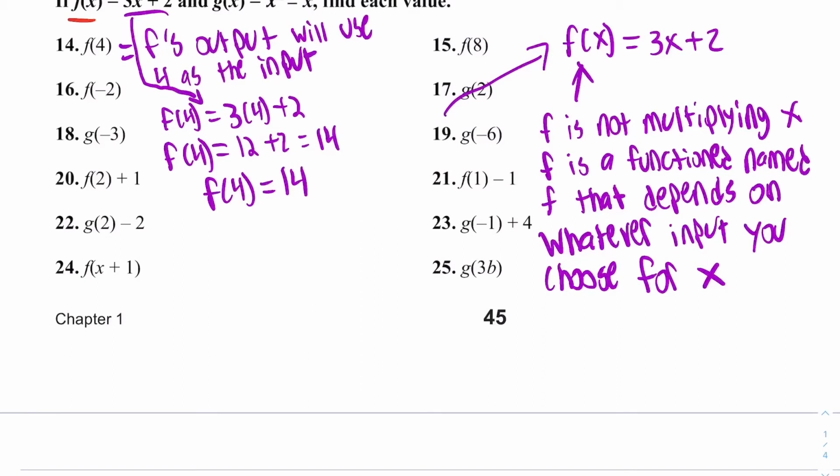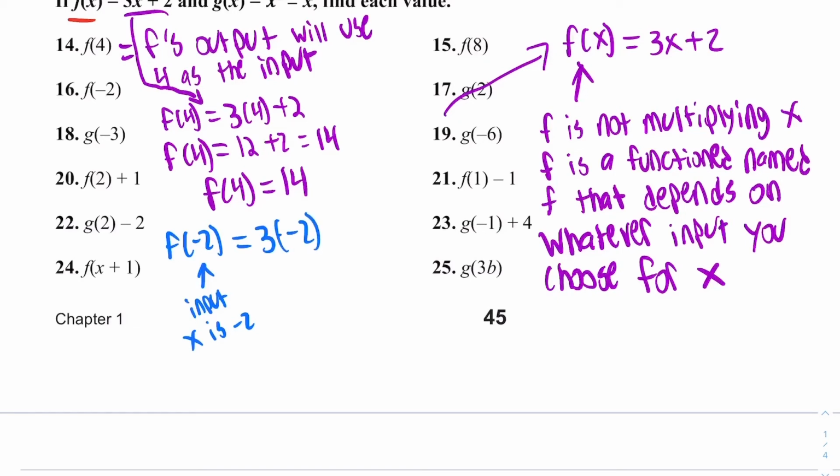Let's do the next one. F of negative 2. That means negative 2 is the input. X is negative 2 is what we're saying. By putting it inside the parentheses, we're saying that x is negative 2. So in our function for f, we're doing 3 times negative 2.